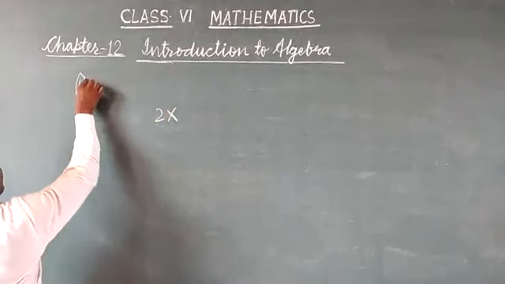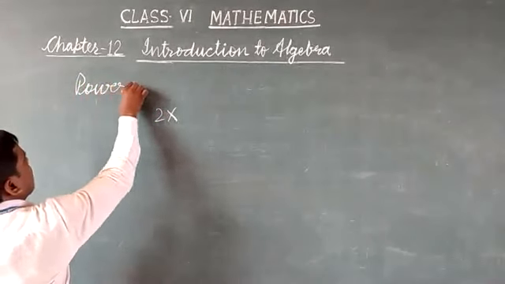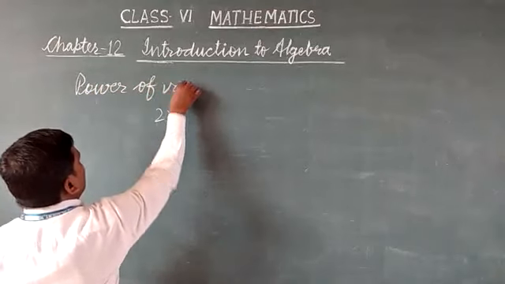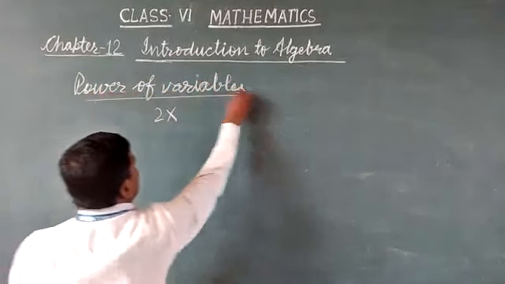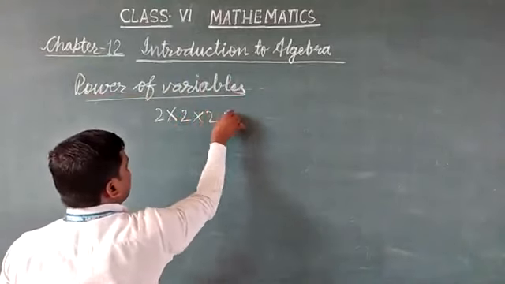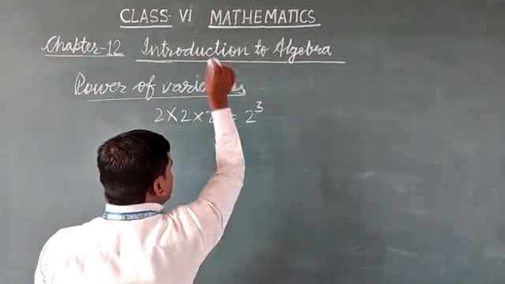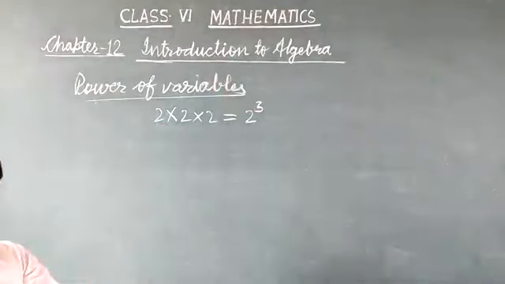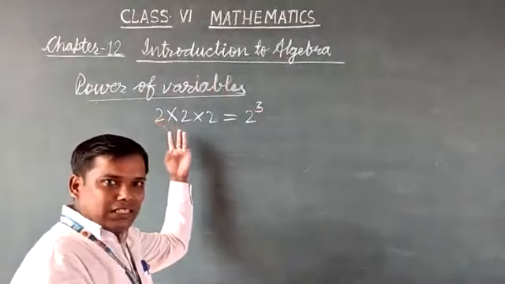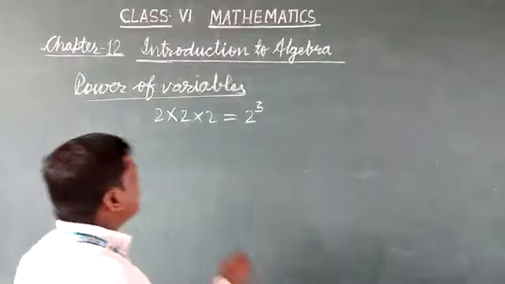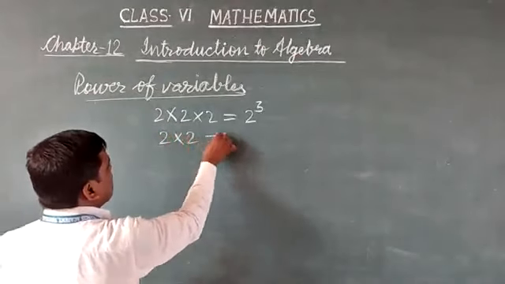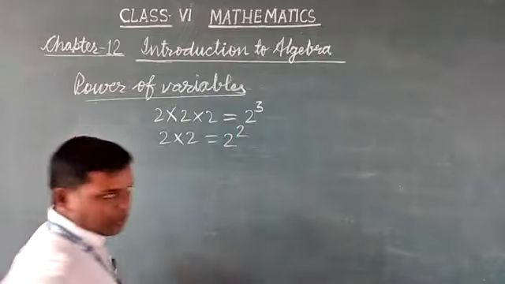Here I am writing power of variables. You have already learned 2 into 2 into 2 can be raised to the power 3. If a number is multiplied by itself 3 times, we can write power of 3. If 2 times, then you can write power 2.